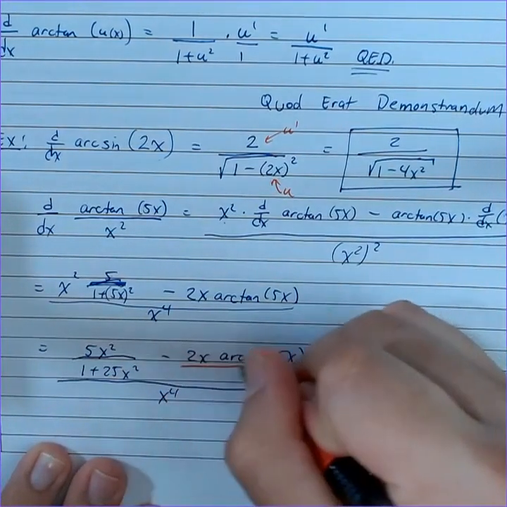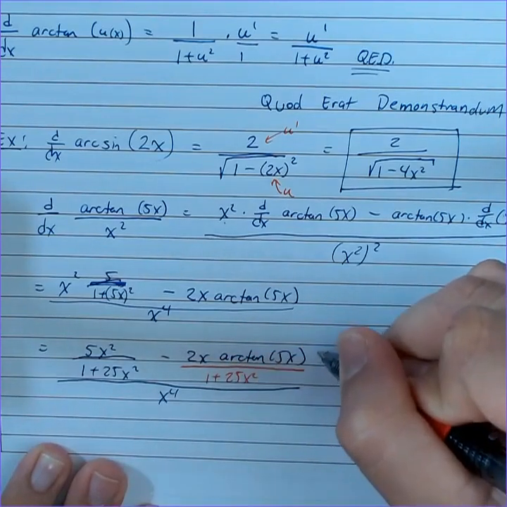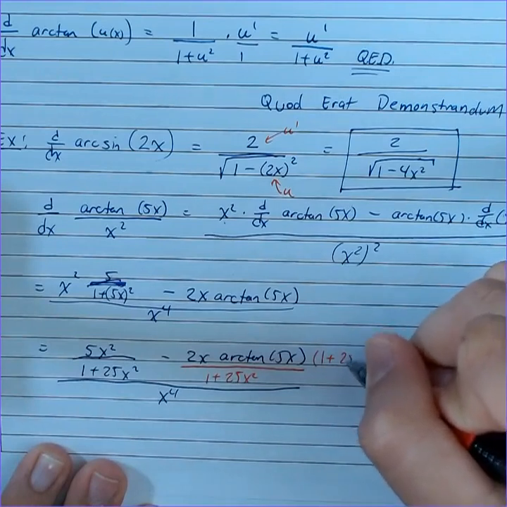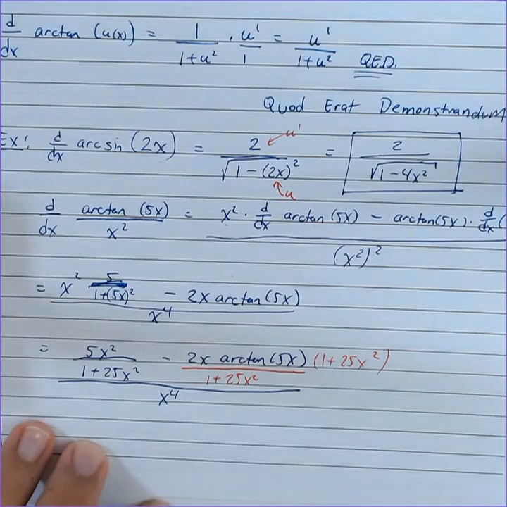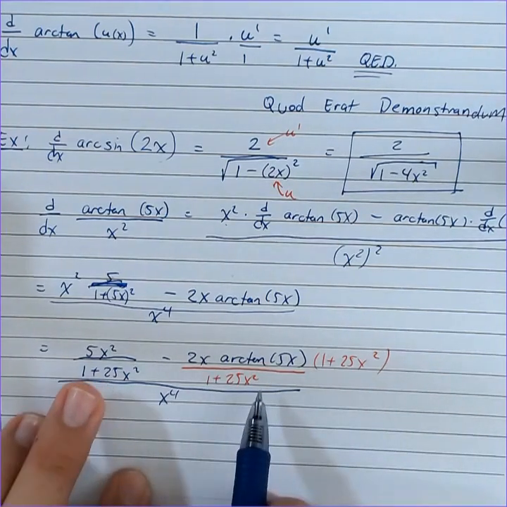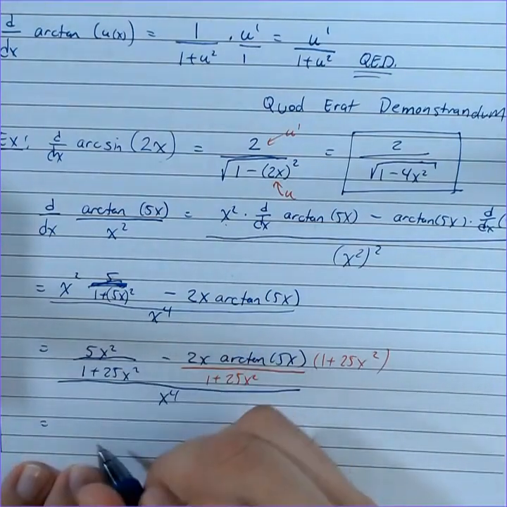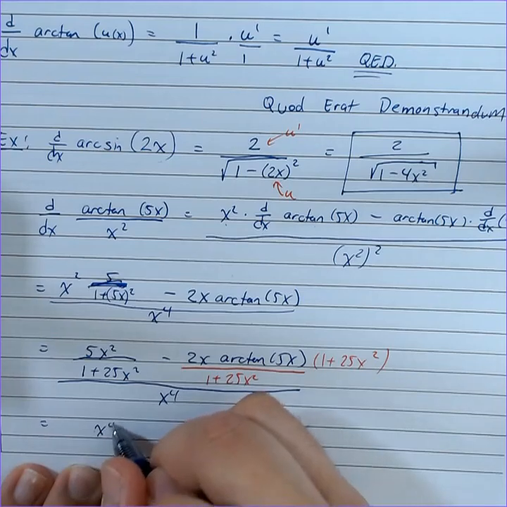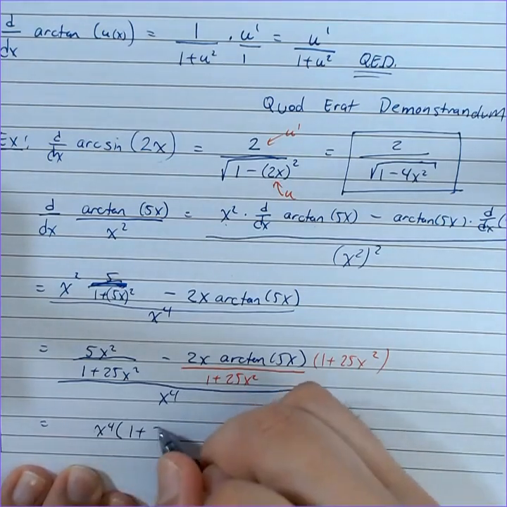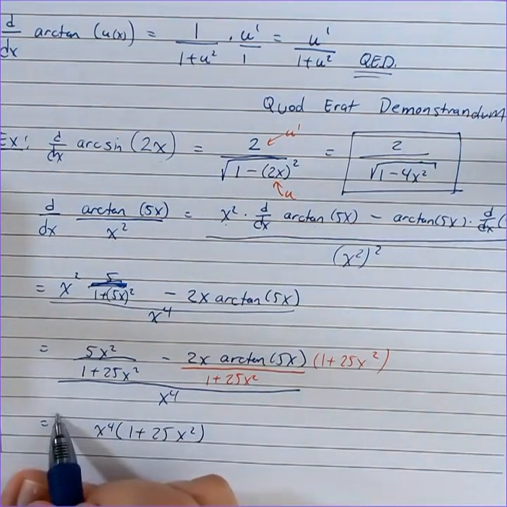Okay. Here, let me give these a common denominator. So let me divide this by 1 plus 25x squared and then multiply by 1 plus 25x squared. And now all of that has a common denominator, and with the common denominator, that denominator can be multiplied by that denominator. So now we can write this as one big denominator, namely x to the fourth times 1 plus 25x squared. That's going to be our new denominator.